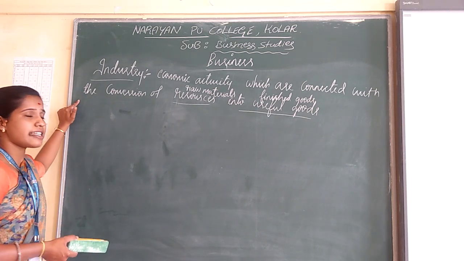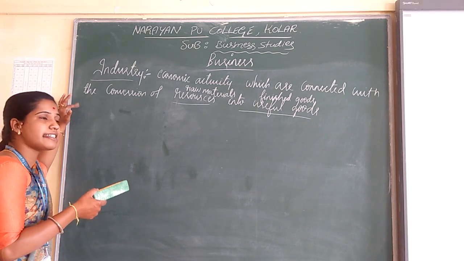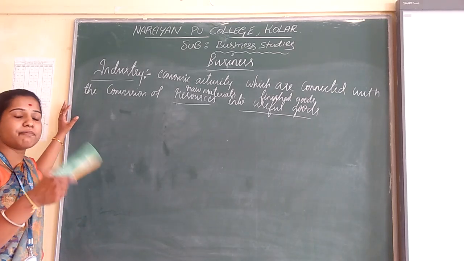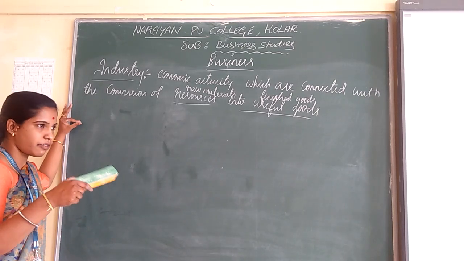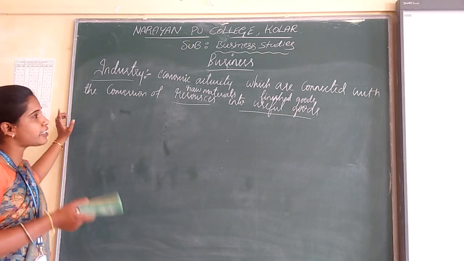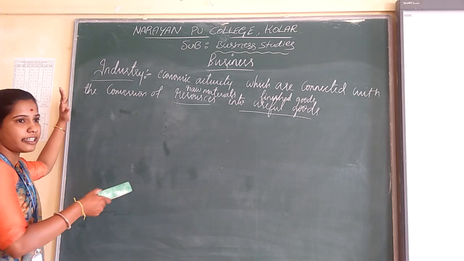Here the industry is a group of companies related to the business. That means they establish different products. It is called an industry. For example, the cotton industry.